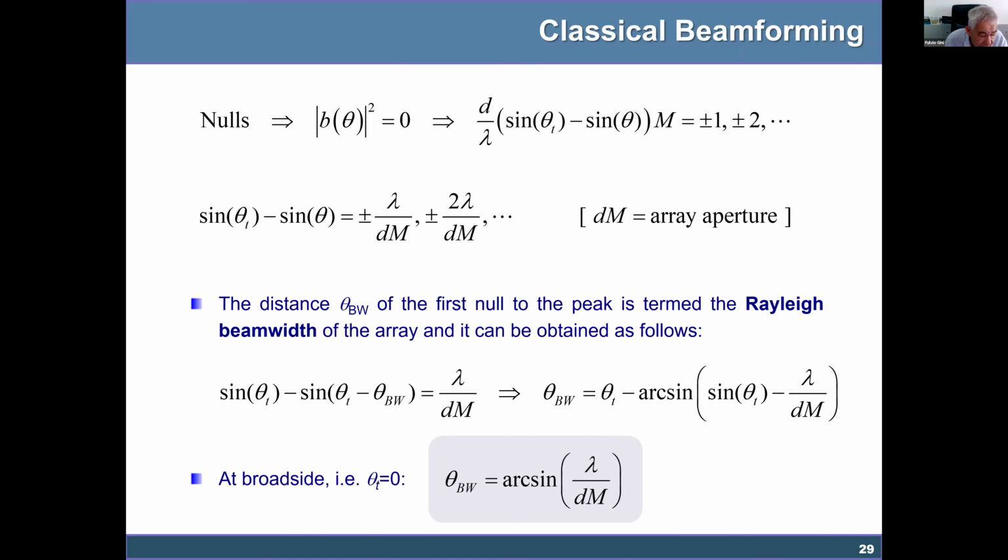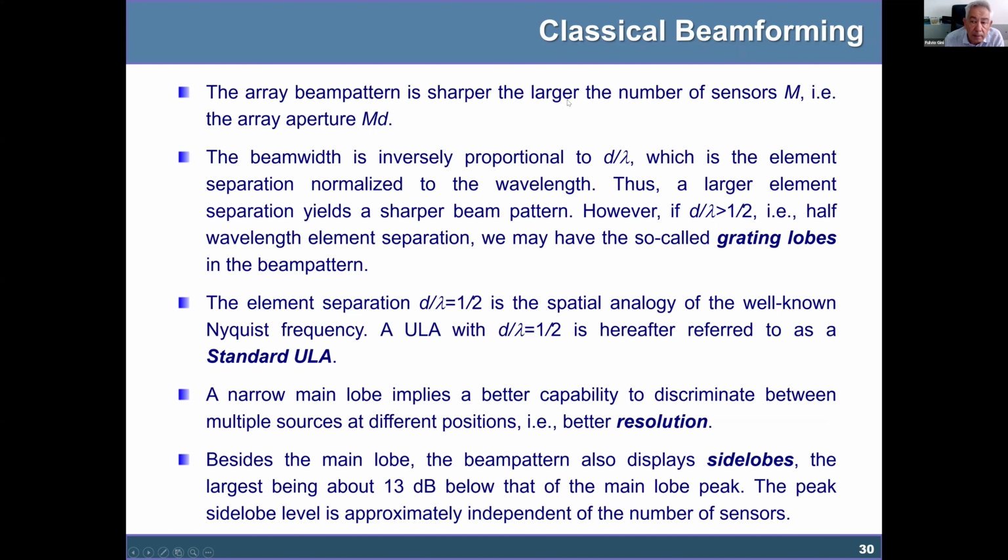So you can improve the resolution only by spending more money on the hardware. So the array aperture, M d, is a very important factor in determining the resolution of the beamformer. And the larger the array aperture, the better the resolution is.